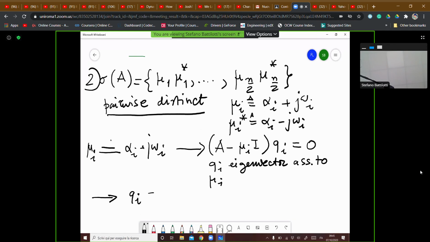Okay, so for this reason we represent Qi in the same form as mu I, with its real and imaginary part, which now I remember are vectors, because Qi is a complex vector, so we represent this complex vector in its real vector and imaginary vector part.